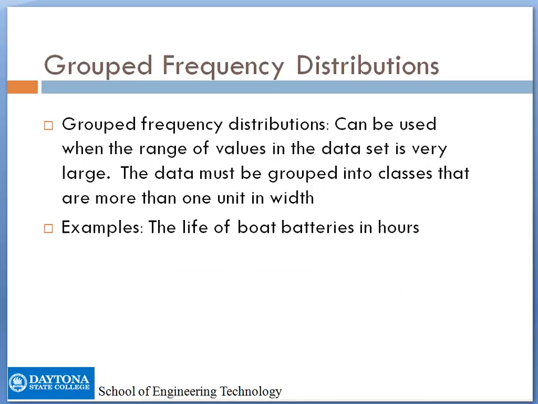The grouped frequency distributions can be used when the range of values in the data set is very large, and the data must be grouped into classes that are more than 1 unit in width. An example of this is the life of boat batteries in hours.